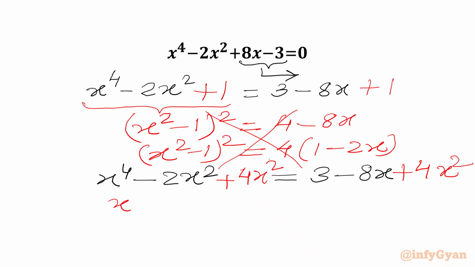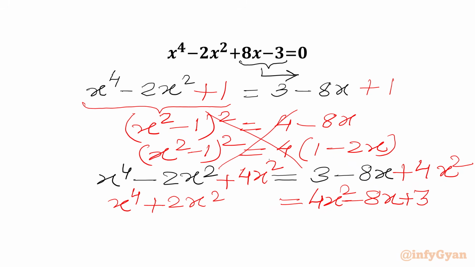We will get x power 4 plus 2x square in LHS, and we will get 4x square minus 8x plus 3 in RHS. Now we have to add 1 to both sides, so that we'll get x square plus 1 whole square in LHS. What about RHS?